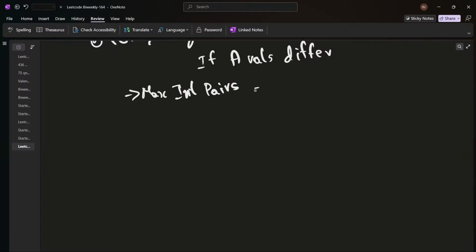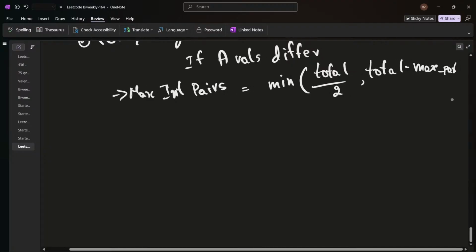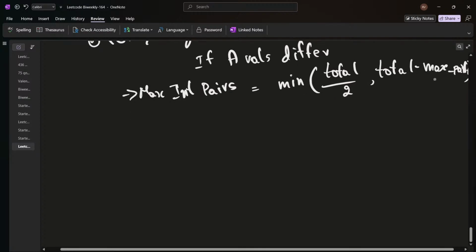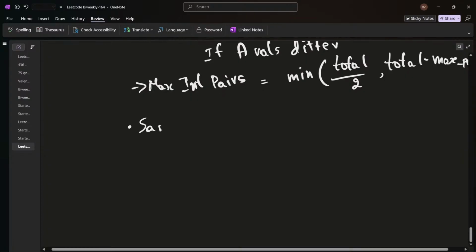This is equal to the minimum of total by 2, comma, total minus max part. And then similarly we'll do the same for the BX group.